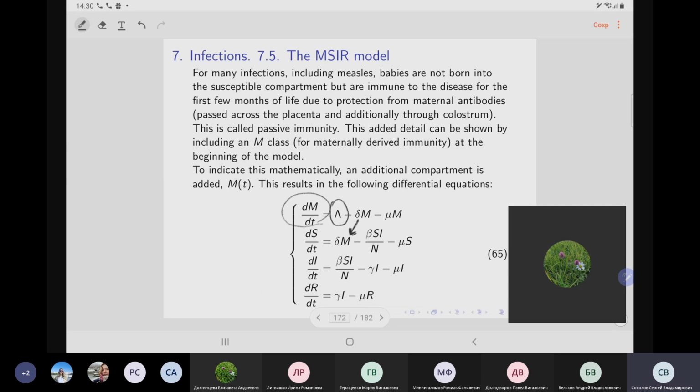And mu, it seems, is our usual mortality for all the people in the community. So it is the model for passive immunity of the newborns.